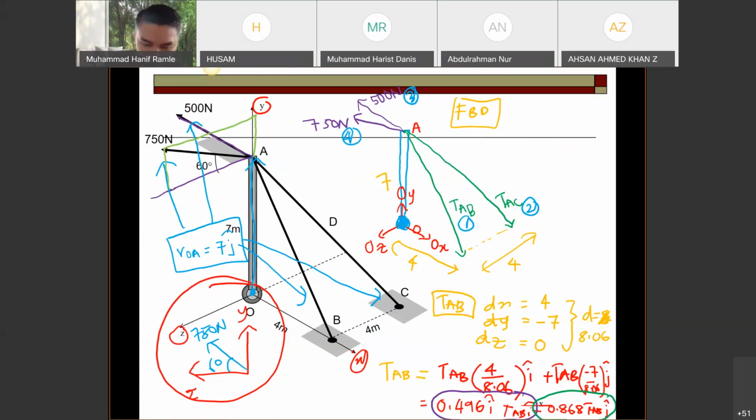This is Y, this is Z. 750 Newton belongs to the Y and Z plane, so that's why we only have Y and Z components. All right, great. So make sure that you look and determine carefully, otherwise the answer will be wrong.